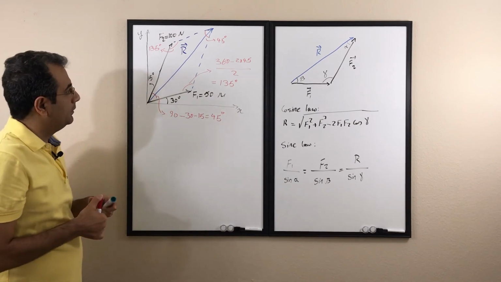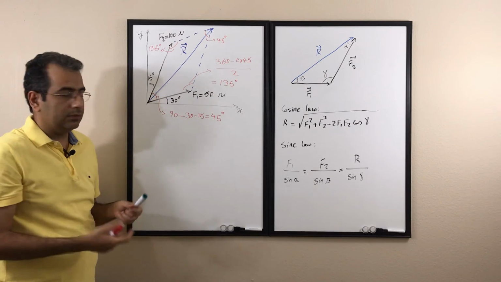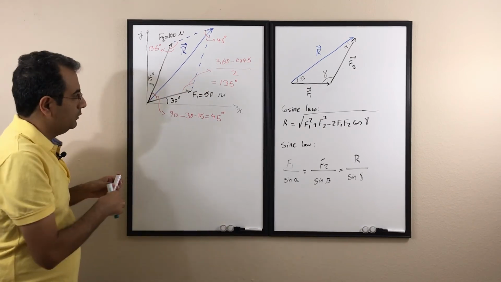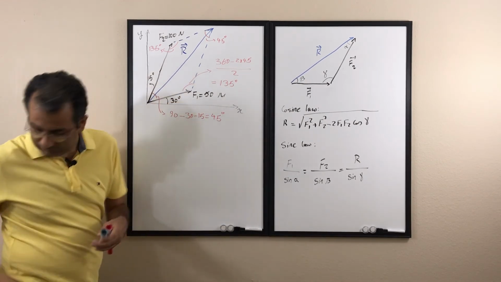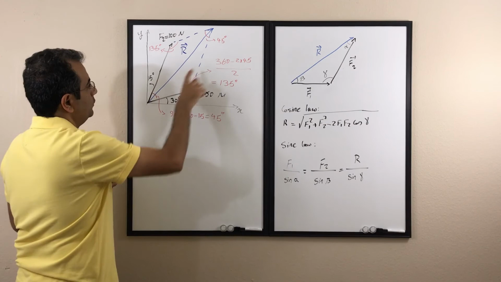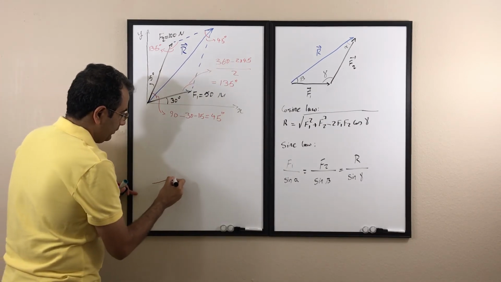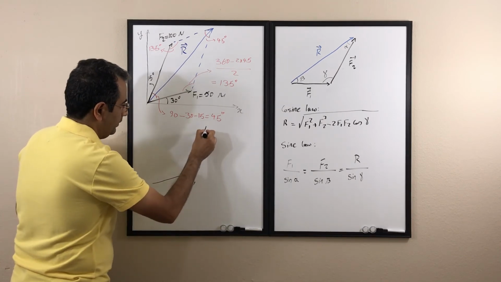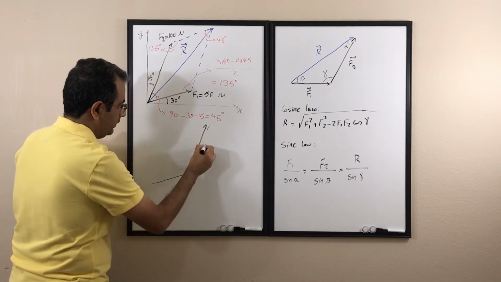They are the same. Now that we have them, I'm going to draw them as a triangle, and then we do the calculation. I'm going to keep the F1 where it is and add the F2 at the end of that. So it's F1, and then I have F2.